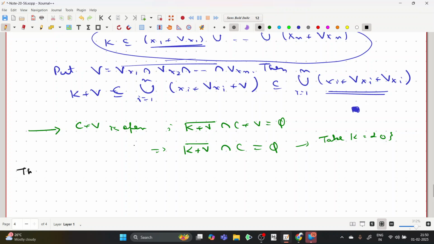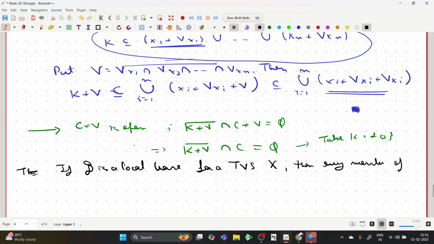So how can we state it? This gives me the theorem that, because we are working over neighborhoods of the origin, V comes out to be a neighborhood of the origin. So if B is a local base for a topological vector space X, then every member of B contains the closure of some member of B. Okay, try to justify this.